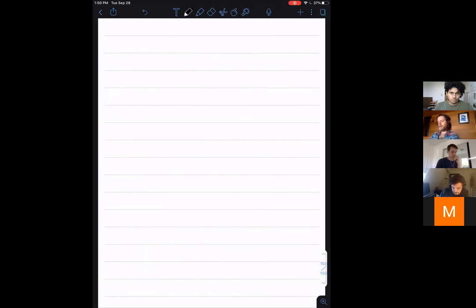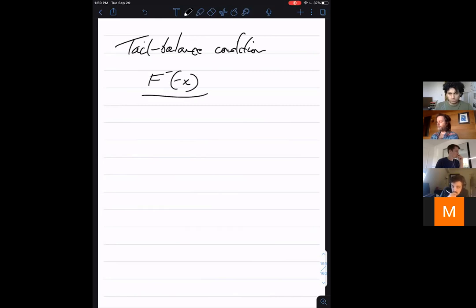Okay, so here's a condition that is relevant when we ask questions about the circumstances under which a law is stable. So, a tail balance condition. If you have an extreme event, you could say, of being outside the interval from minus x to plus x, then you can ask what the conditional probability is to be extreme by being very far to the left or very far to the right.